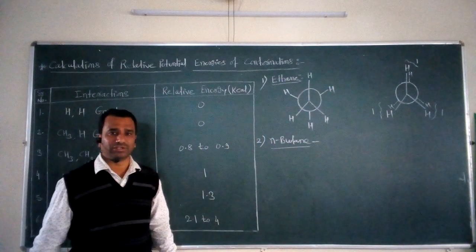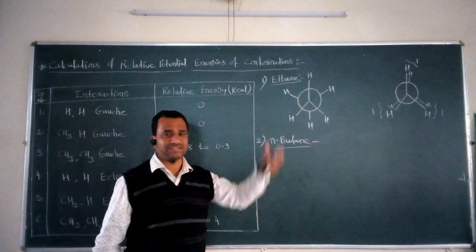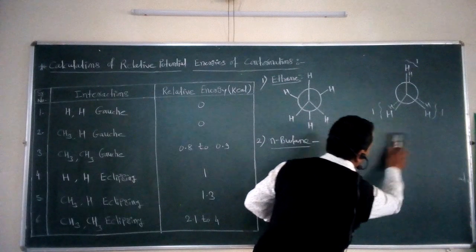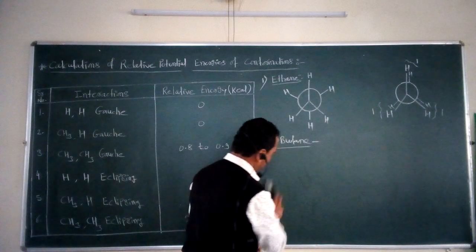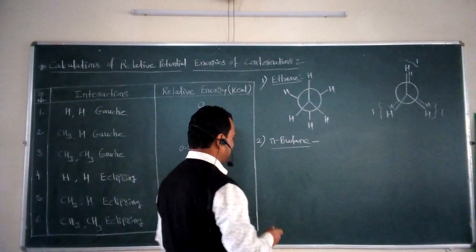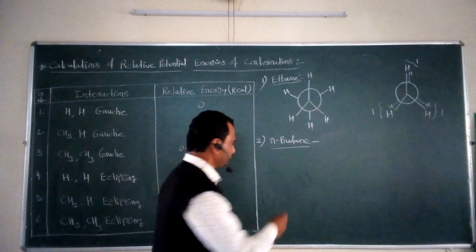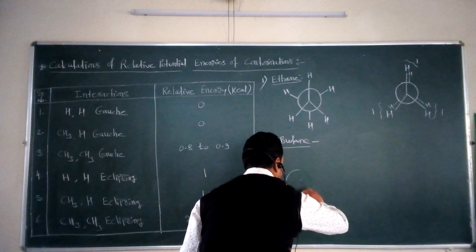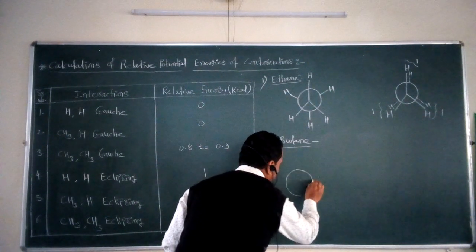So for this n-butane molecule, we again have to calculate the energy. We can show this n-butane molecule in two different conformations. First, we consider its staggered conformation.